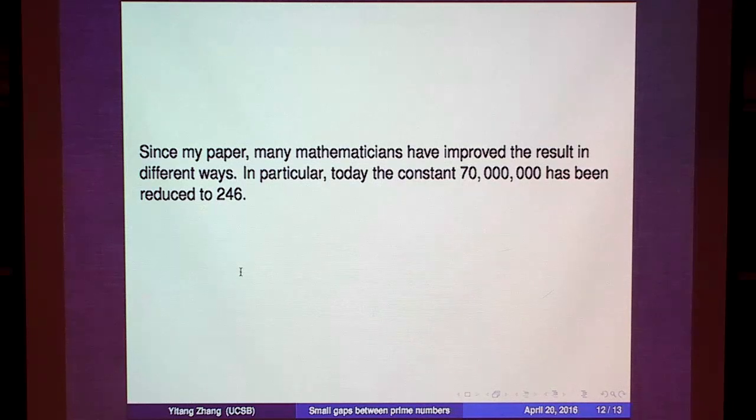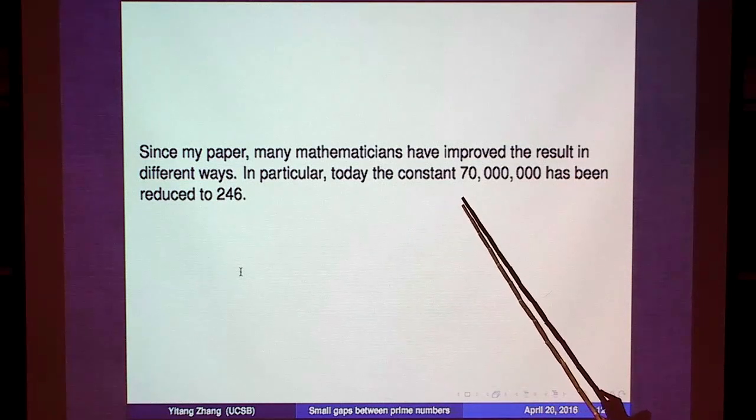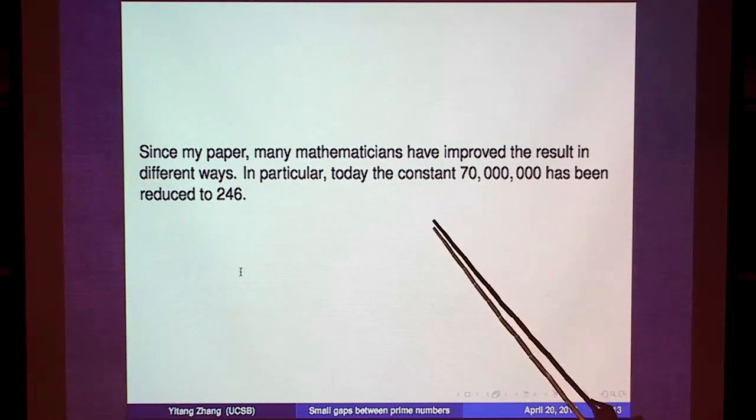No special meaning. Then also in my paper, in the first section, my introduction, I said, to replace this number by a value as small as possible is an open problem that will not be discussed in this paper. But later on, since that time, that was discussed by many other papers.